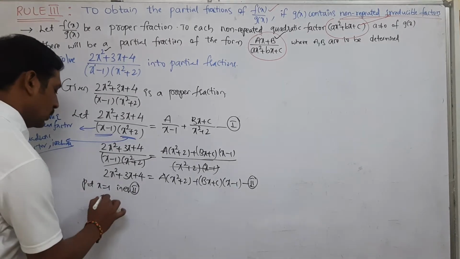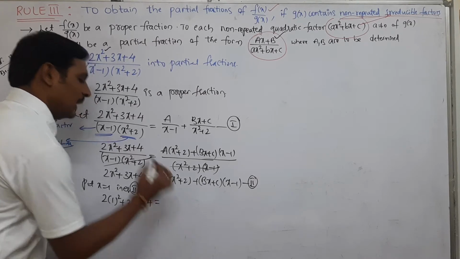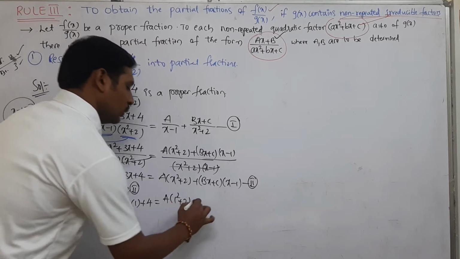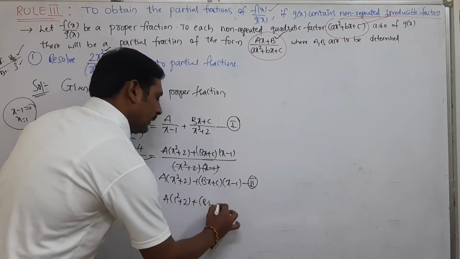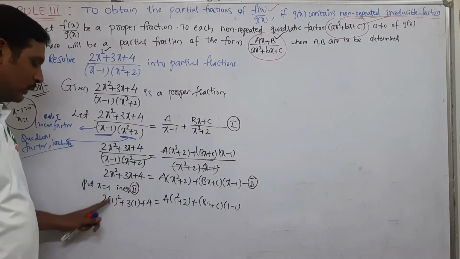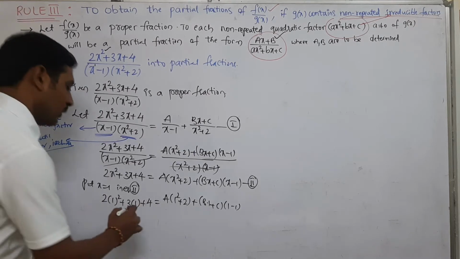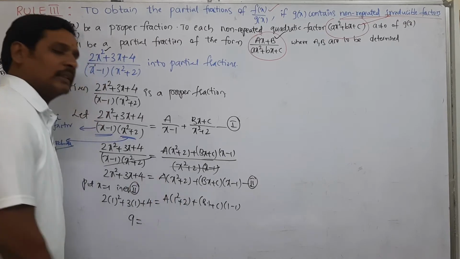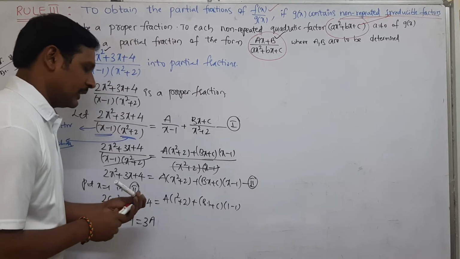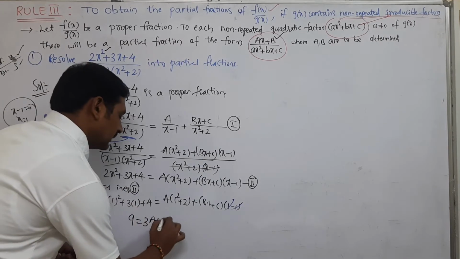What happens? 2 into 1 square plus 3 into 1 plus 4 equals a into 1 square plus 2 plus bx plus c into 1 minus 1. So 2 into 1 square is 2, 3 ones are 3, 2 plus 3 is 5, 5 plus 4 is 9, equals 1 square is 1 plus 2 is 3, 3a. And here you can observe that 1 minus 1 is 0, so the entire term becomes 0.